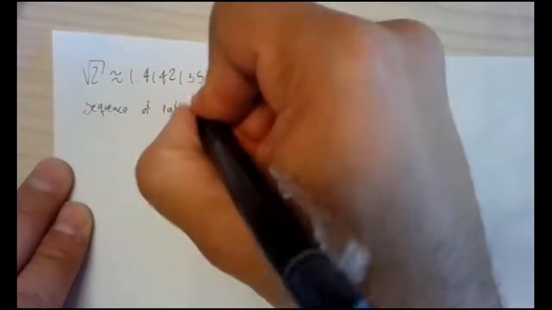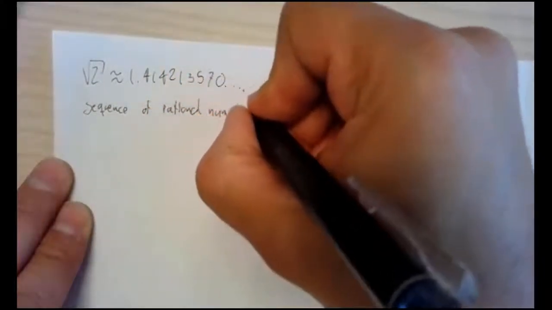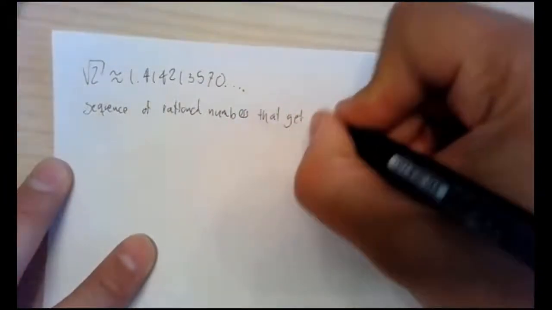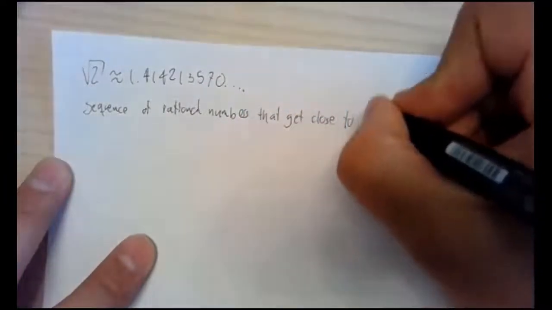So, a sequence of rational numbers that get close to square root of 2. Here's one. First, go 1.4, right? What's 1.4? Well, that's 14 over 10, or 7/5.